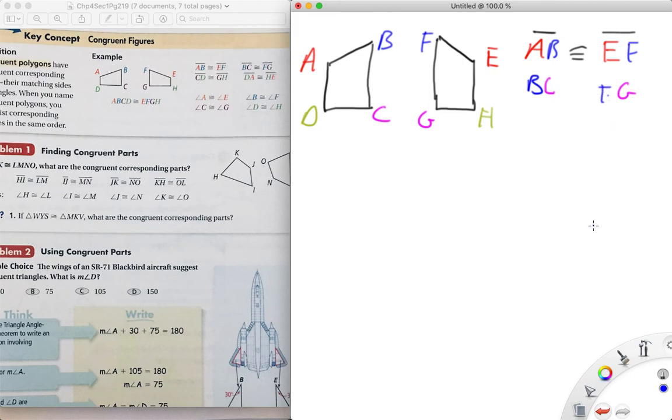We're further told, and these are all the segments, that CD is congruent to GH.